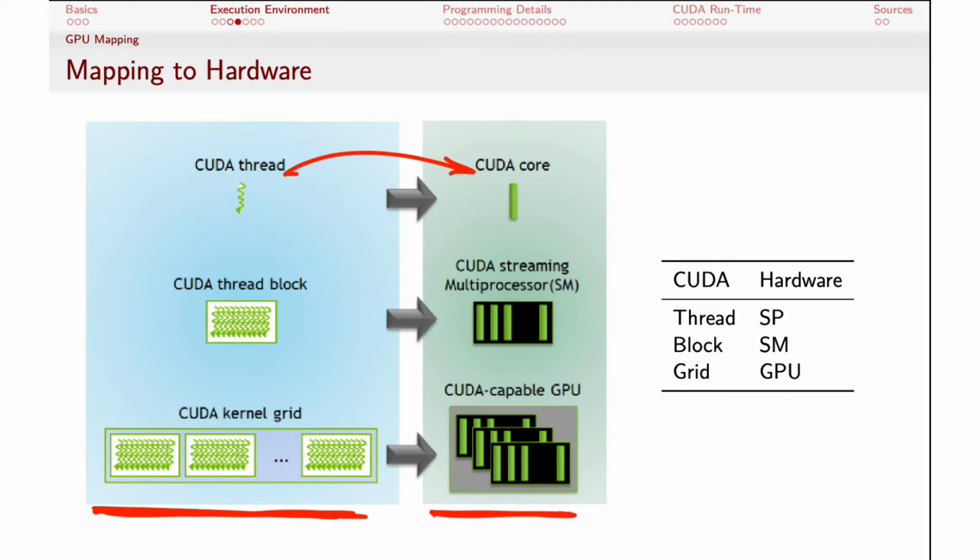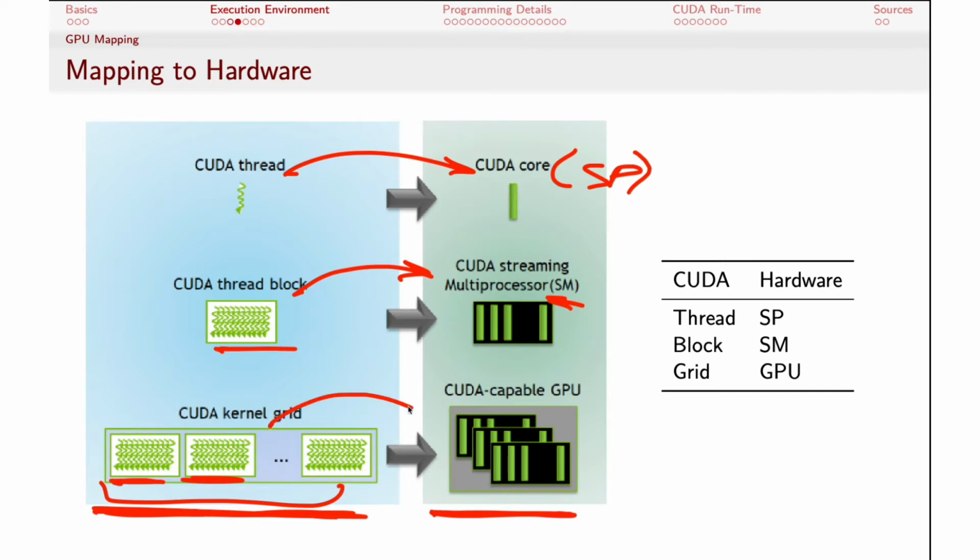Then a thread block is going to be mapped onto an SM. So here's this streaming processor. Here's the streaming multiprocessor. So that block of multiple threads is going to be given to an instance of the streaming multiprocessor. And then because we have multiple streaming multiprocessors on the CUDA device, we can actually run multiple of those thread blocks by grouping them together into a grid. And then that entire grid is going to be assigned to the GPU.